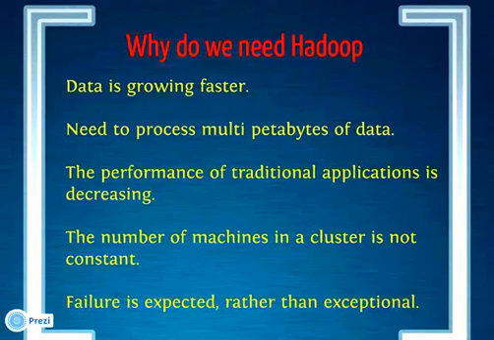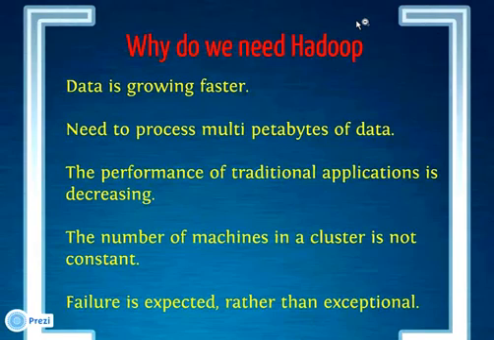In old days, we were dealing with only MB or GB of data, but nowadays we are dealing with terabytes and petabytes of data. So the performance of traditional applications is decreasing. If you plan to process this much data on a traditional system, there will definitely be a decrease in performance.